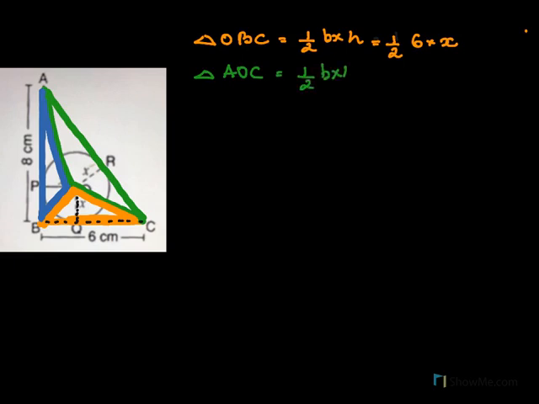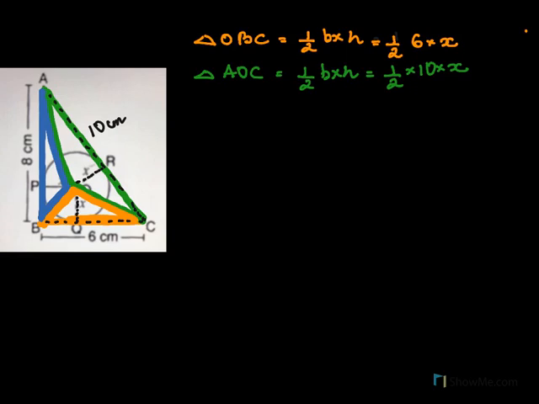That again is half base into height. The AC is the base, which we already have calculated as 10 centimeters earlier, and this is the height. So half, base is 10, height is X.